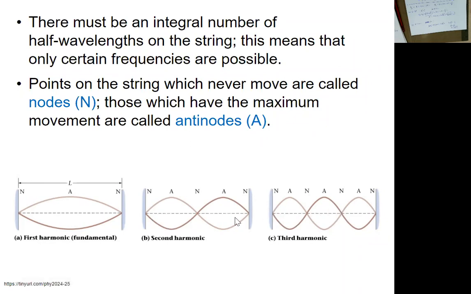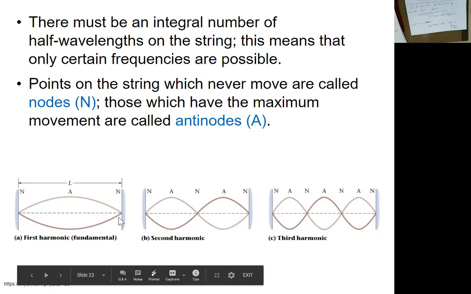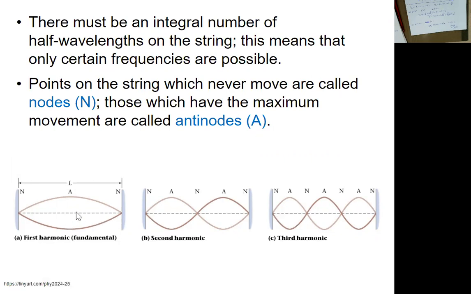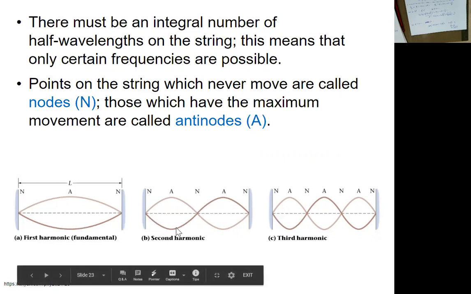So you can see for different configurations, the wavelength decreases, okay? When the wavelength decreases, the frequency will increase because wavelength times frequency is the speed, okay? They are inversely proportional to each other. So the first configuration here will have the lowest frequency possible for the wave generated in the string. And this one is the second lowest frequency.